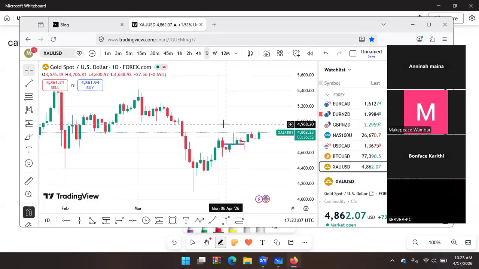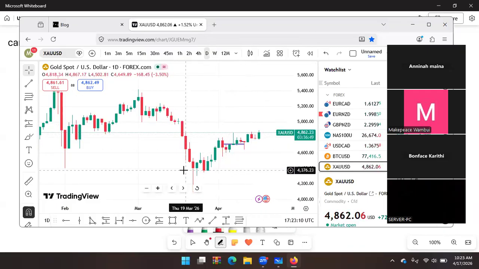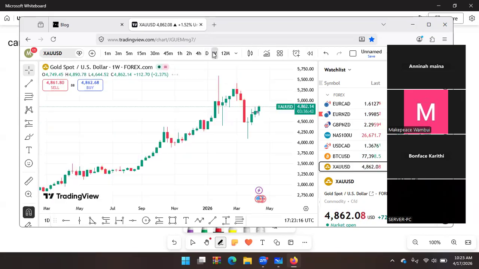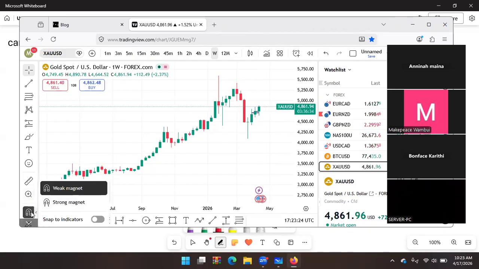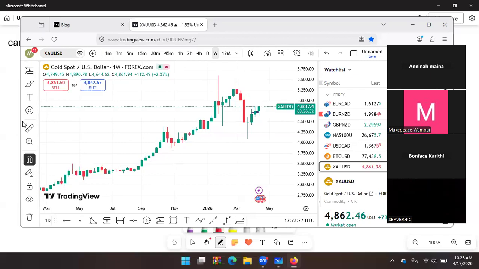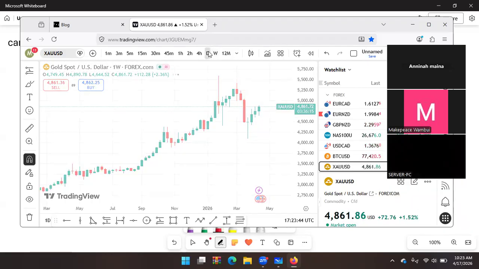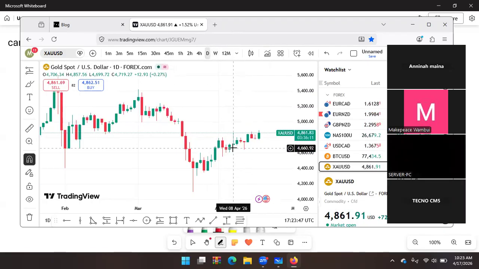These five daily candlesticks are the ones that form one week candle. Let me remove the drawing. This candle has 3 hours 36 seconds remaining to close. This is how the market has been behaving for this whole week, and this candlestick carries the movement of the market from Monday.